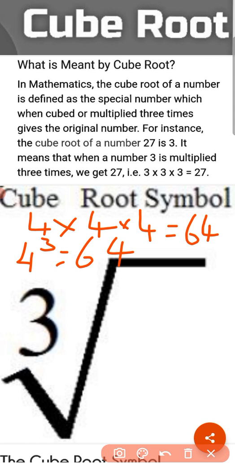As I told you, the cube root of a number is defined as a special number which when cubed or multiplied 3 times gives the original number. That is, when we multiply 4 3 times, the product is 64. So, the cube root of 64 is 4.